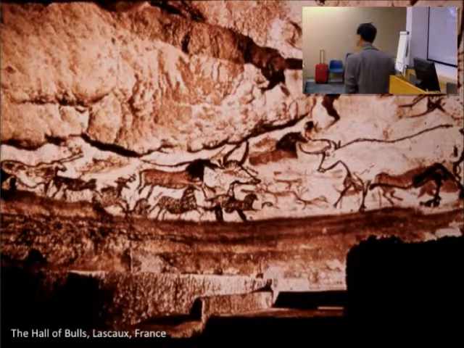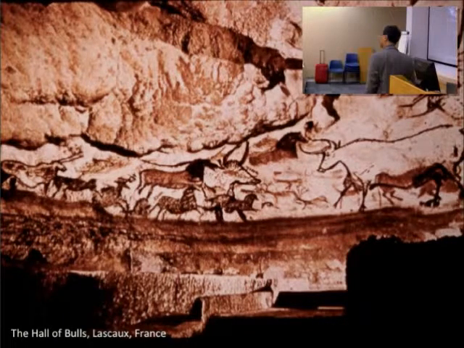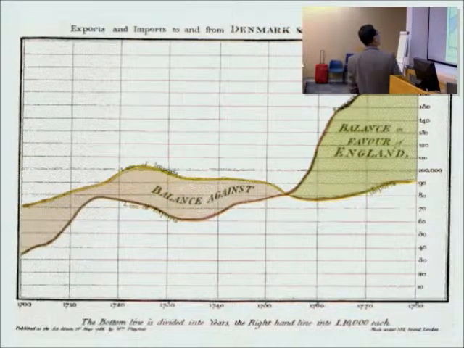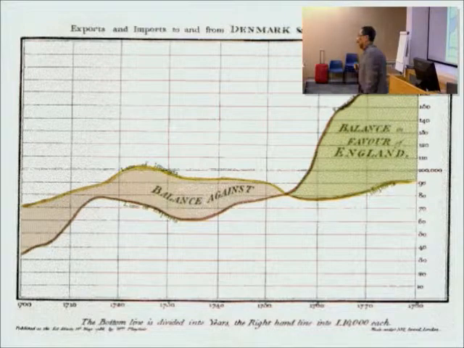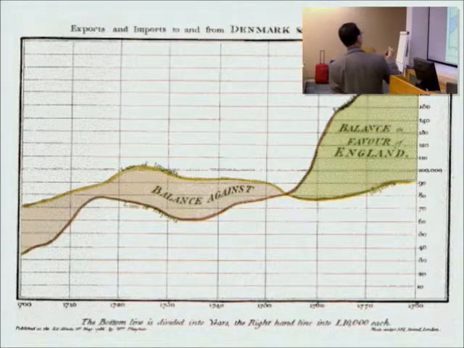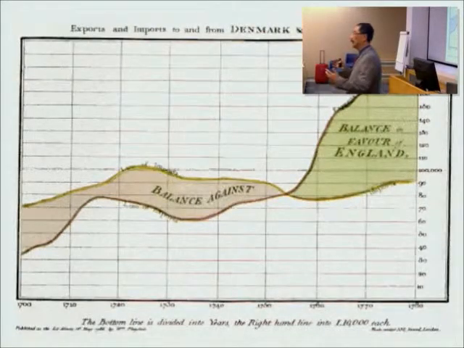Since then, they have improved, and they have matured quite a fair bit. I believe most of you are familiar with William Playfair's graph on the balance of payments, England and other countries, Denmark and Norway, exports, imports.